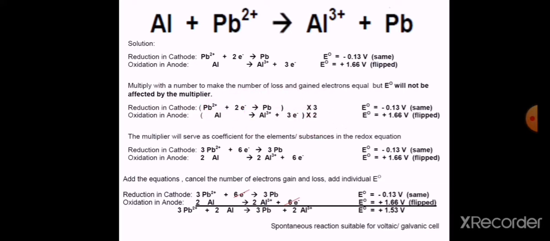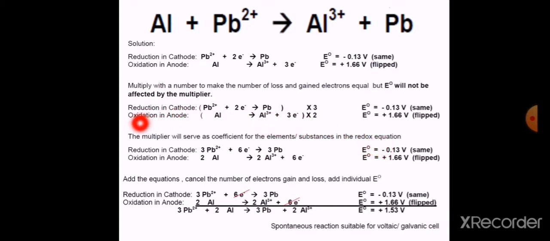Okay? And from that, so syempre, the 3 will be multiplied to the lead. That's why we have 3 lead positive 2 here. Then the 3 will be multiplied to 2. Kaya meron tayong 6 electrons dito. And the last, the 3 will be multiplied to the lead solid here. So we have 3 Pb here. Ganun pa rin yung kanyang cell potential.